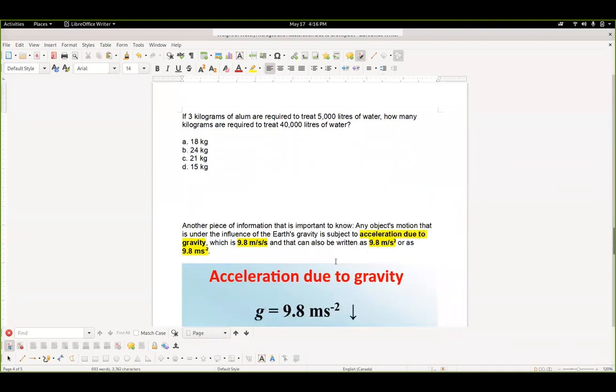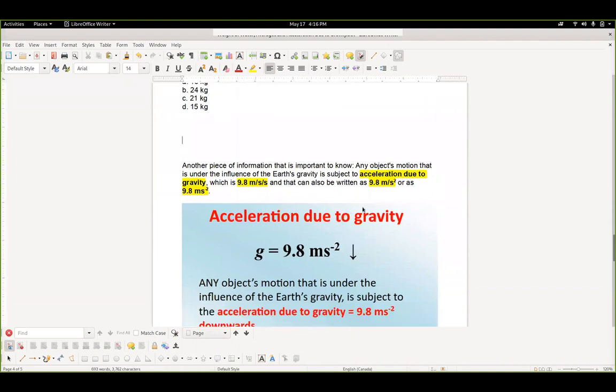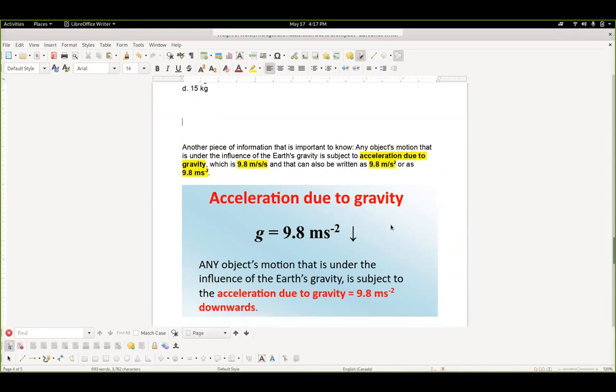Now here, another piece of information that is also important to know is that any object's motion that is under the influence of the Earth's gravity is subject to acceleration due to gravity, which is 9.8 meters per second squared, or written as 9.8 meters seconds to the -2, because when you have a positive exponent on something in the denominator, you can write it in the numerator with a negative exponent instead.